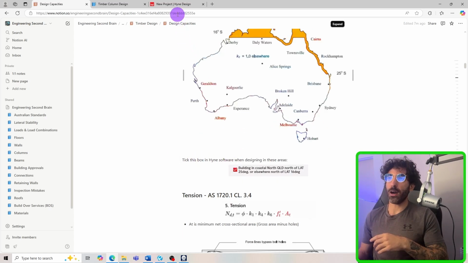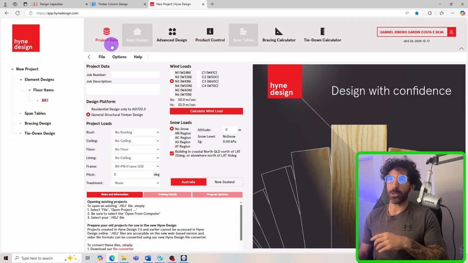Now if you go to Hein, just go back to project data. You can see here there's a box saying building in coastal North Queensland, north of latitude 25 degrees or elsewhere north of latitude 16 degrees. What that means is that, let's say you leave it unticked.